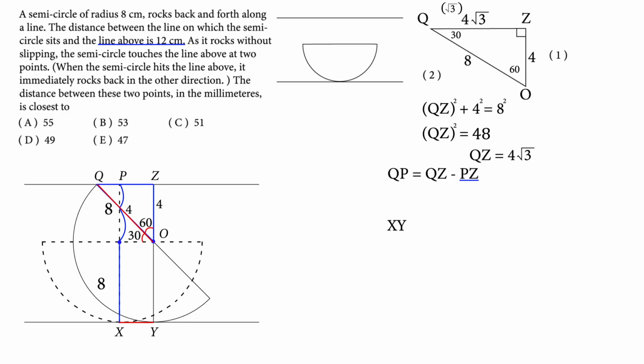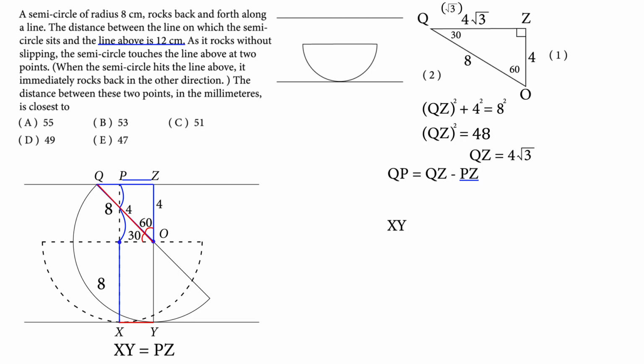xy, this distance that this semicircle travels, initially it was right here at x when it was touching the base, but then once it tilts, it touches the base at y. And we want to know what is the distance between x and y, because x and y are similar to p and z. If we can figure out the distance xy, xy is the same as pz, and that is what we want to figure out.